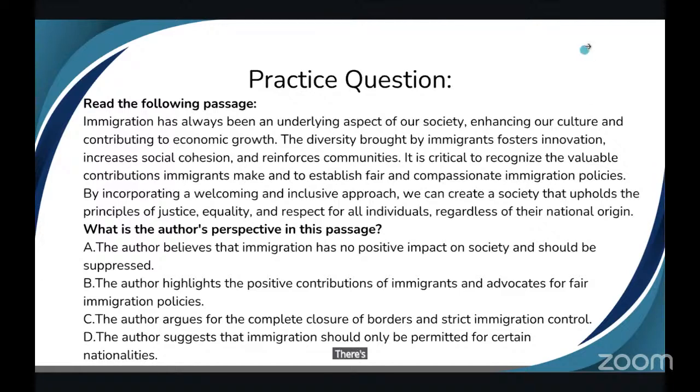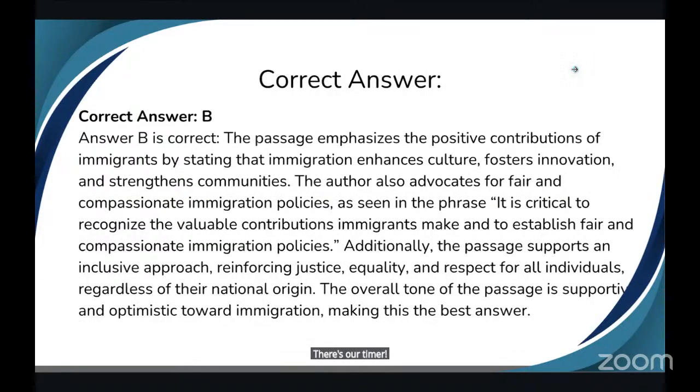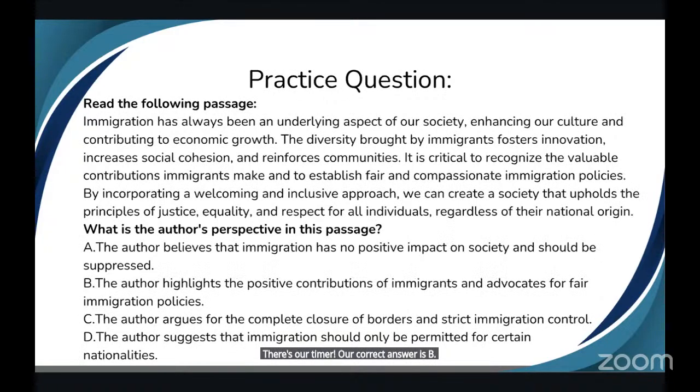There's our timer. Our correct answer is B. The author highlights the positive contributions of immigrants and advocates for fair immigration policies.